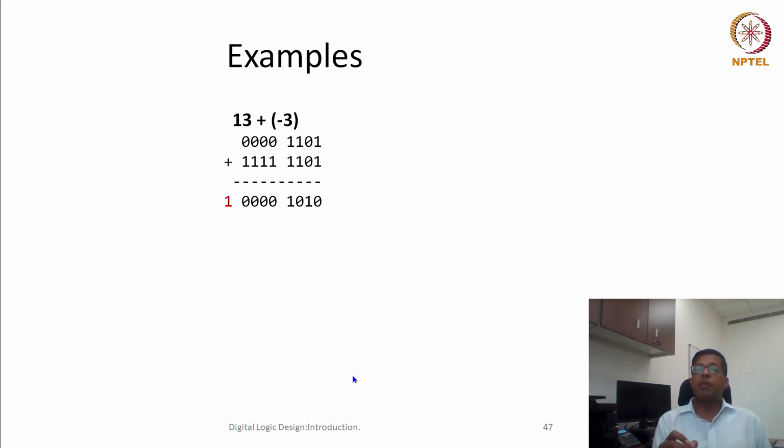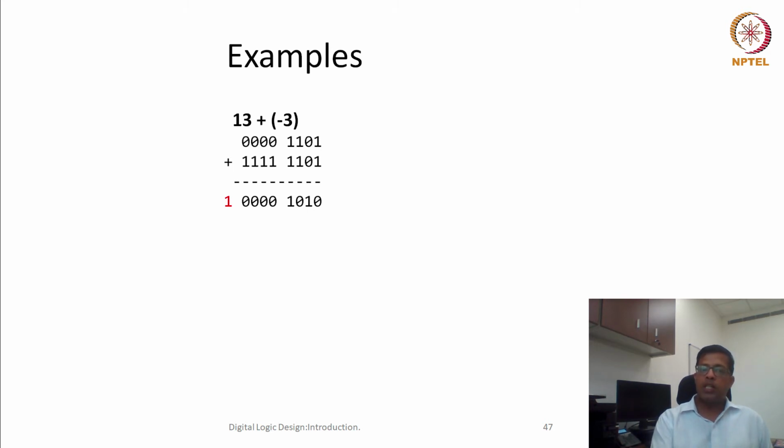First I'll represent 13 in 2's complement notation, and here I am assuming 8-bit numbers. This method of 2's complement works for any number of bits, but I am showing it using 8 bits here, so it is just an example.